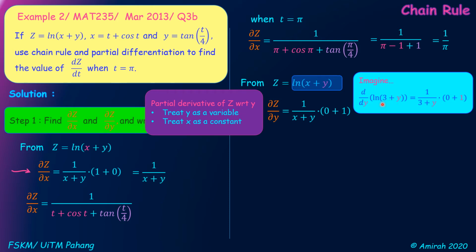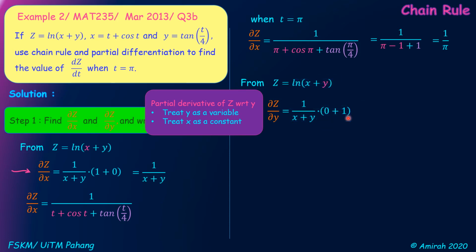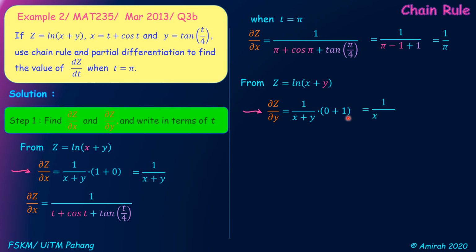We differentiate constant 3 equals 0, and then plus we differentiate y with respect to y equals 1. Then we get 1 over (3 + y) times (0 + 1). After that, we simplify. So we get ∂z/∂y equals 1 over (x + y).